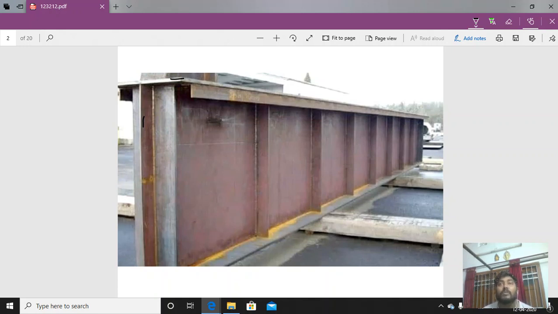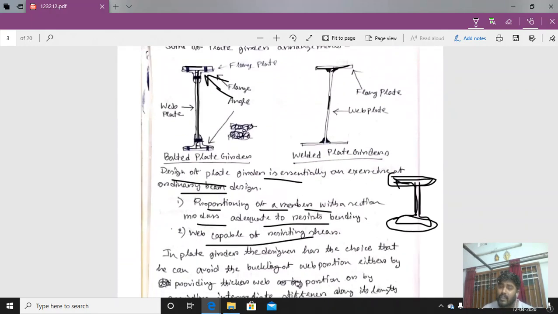The web should be checked for buckling. As the designer has that flexibility in the design of the web section, they can make the web thicker, but generally this approach is not adopted.